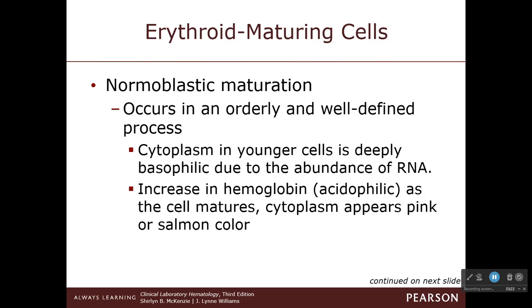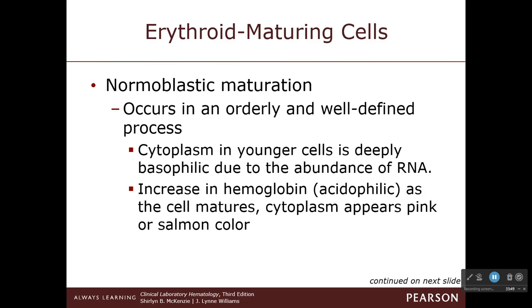Most of the time the blue stains are basic stains, like pH basic. So basophilic means blue, purple, blue, that kind of thing. Whereas acidophilic means they love the acid, and the acid stain is usually a pink color. So you're going to see more of a pinkish color the older it gets.